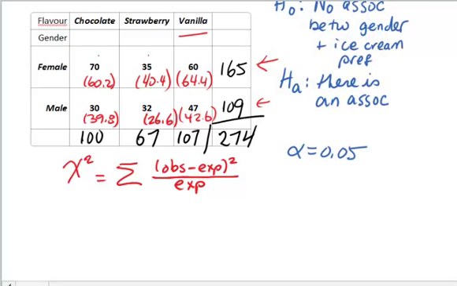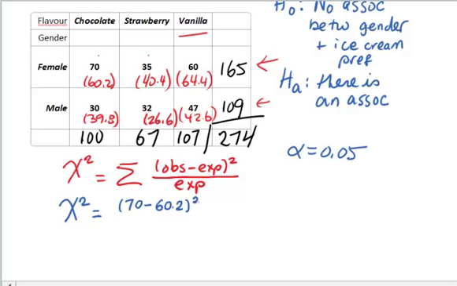We now have to calculate the chi-square value. We have the chi-square formula in place, and so because there are 6 cells in our contingency table, we will have 6 calculations to make. The first calculation will be from the first cell, so the chi-square will be the observed, 70, minus the expected, 60.2.